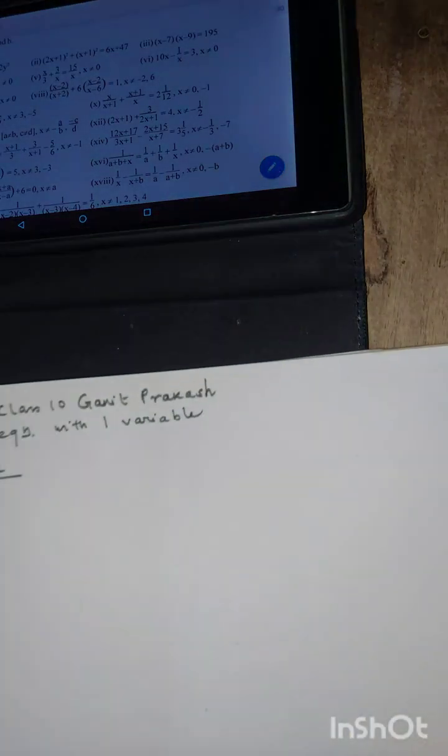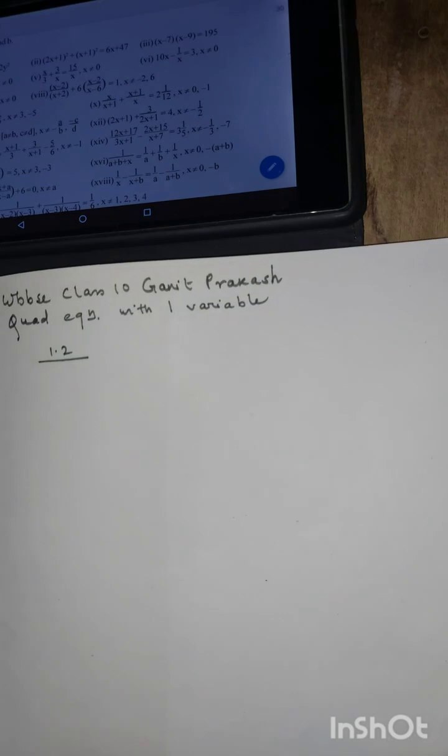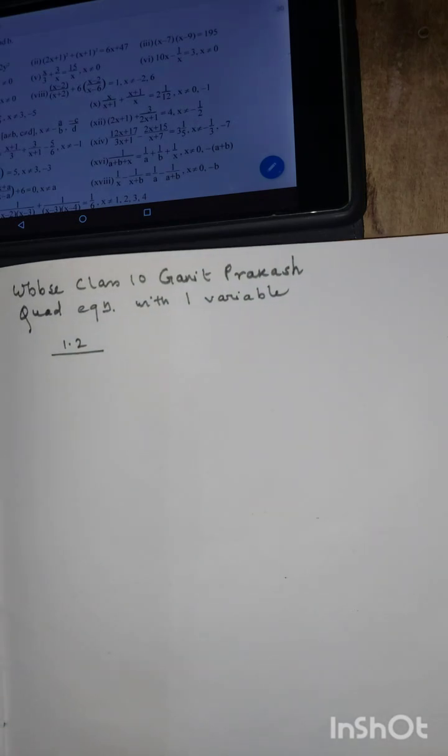Now today we are going to start from question number 17, Roman 17 of 4.